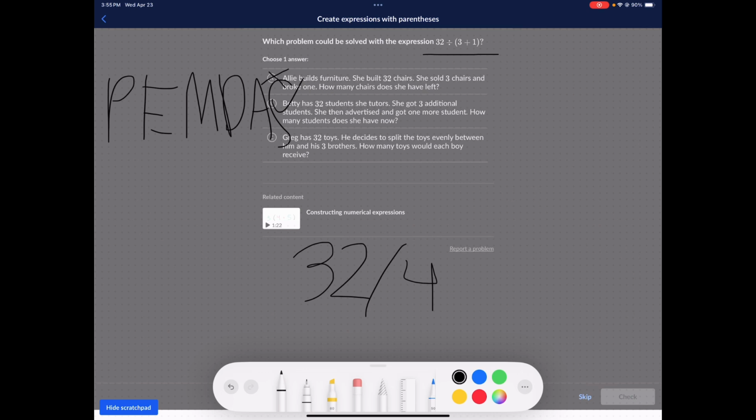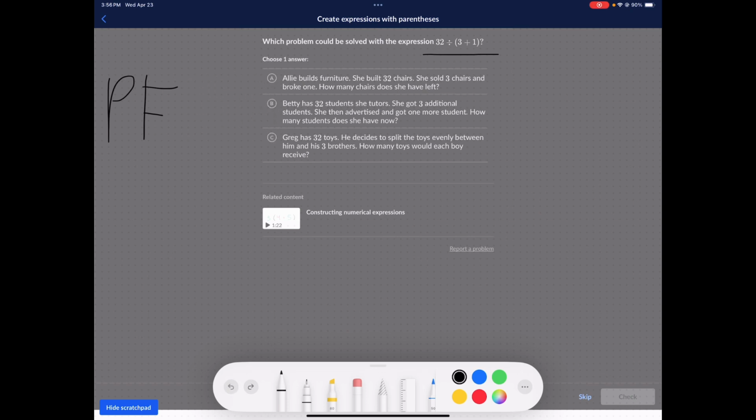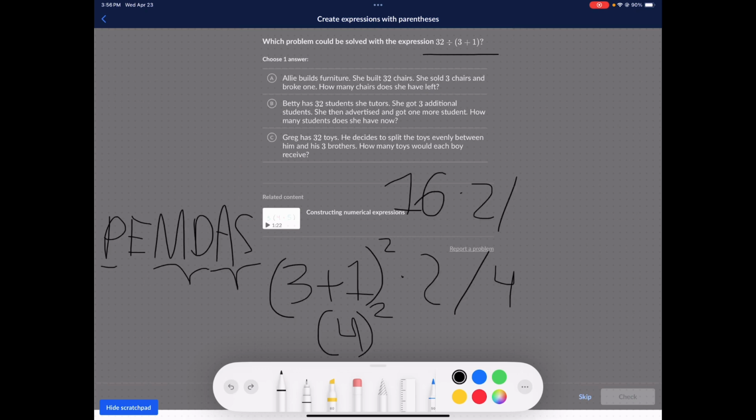Oh, shoot. This is this. I mistook that. So it's actually C that is correct, because we're splitting, so division. So yeah, C is the correct answer.